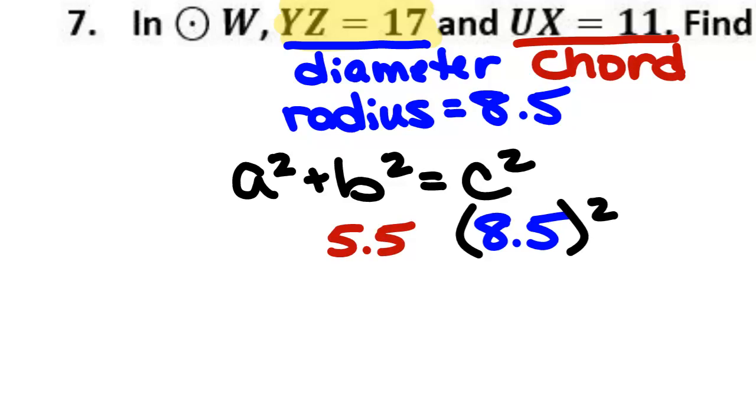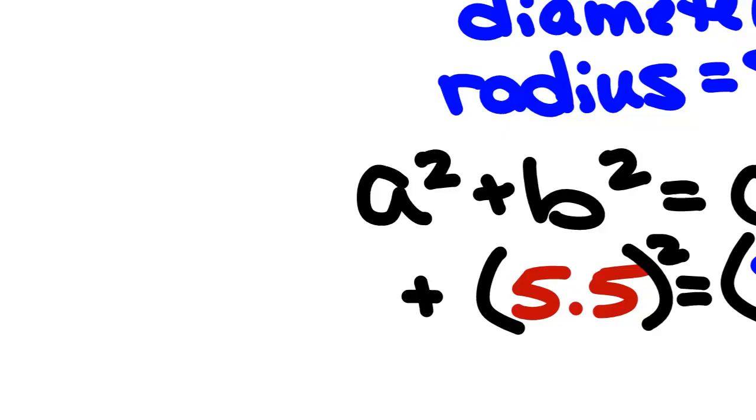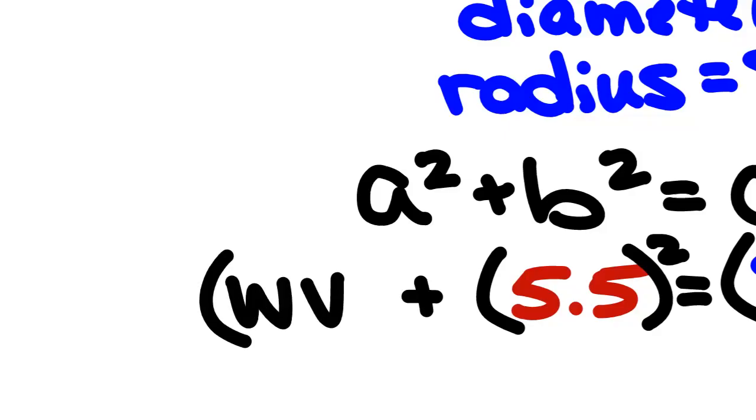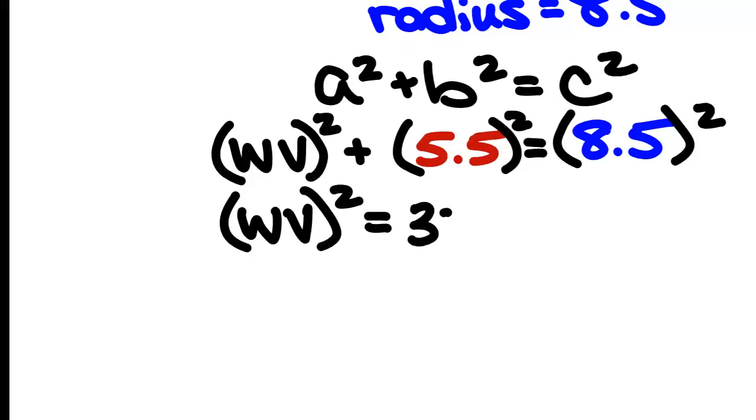All right, so in the place of A, we're going to replace that with WV. So I have WV squared plus 5.5 squared equals 8.5 squared. What is 5.5 squared? 30.25.